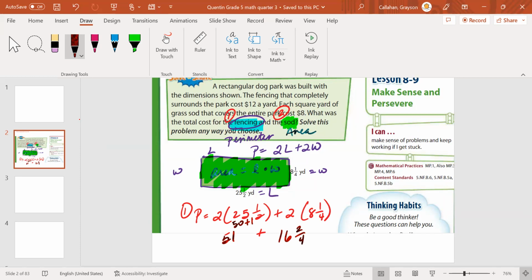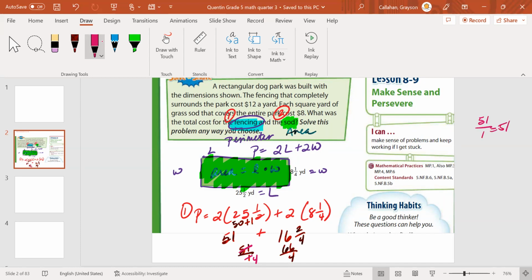So then what we need to do is we need to find a common denominator. Let's change everything from a mixed fraction to an improper fraction. 16 times 4 plus 2 is going to give you 66 over 4. This is a 51 over 1. If I want this to be a 4, what would I have to do with the 51? 51 over 1 is 51.